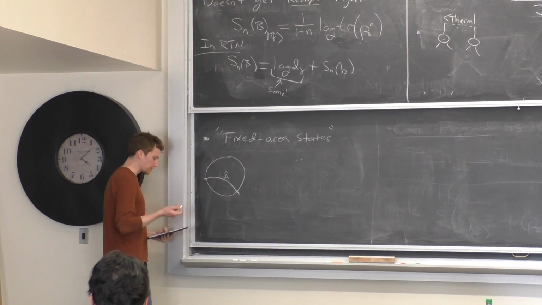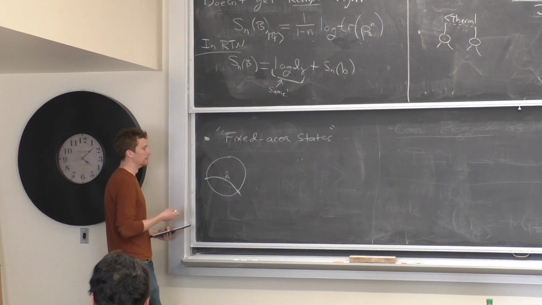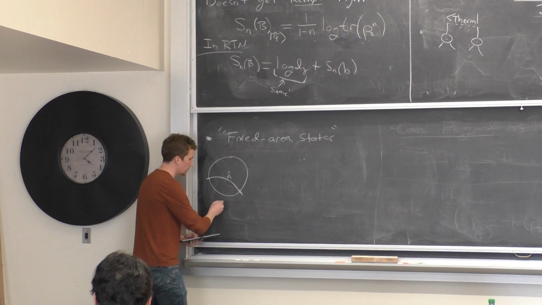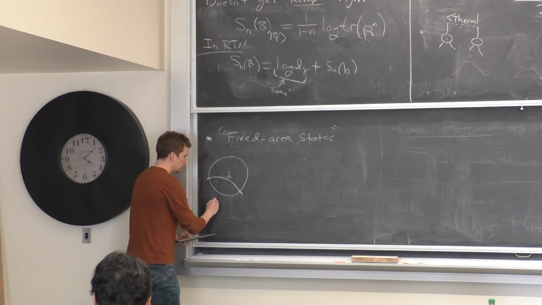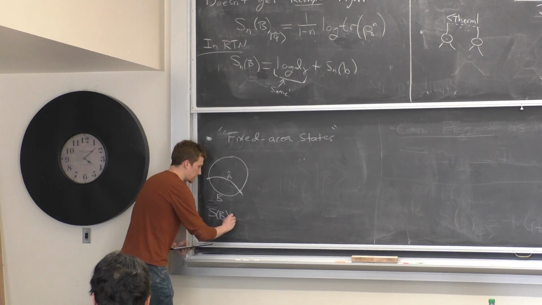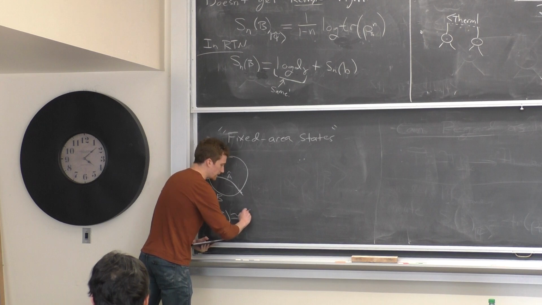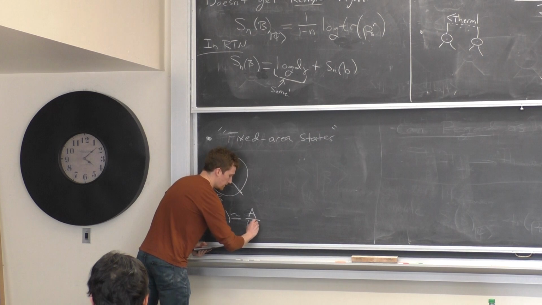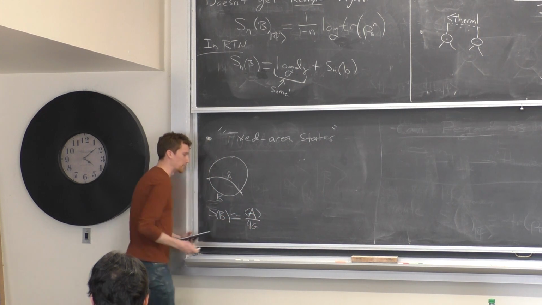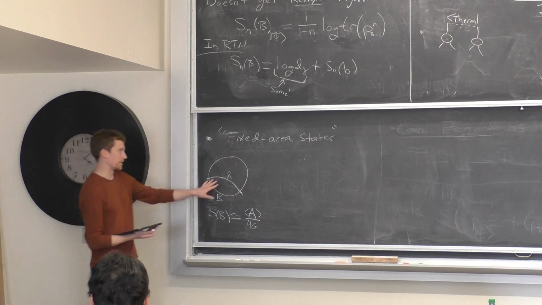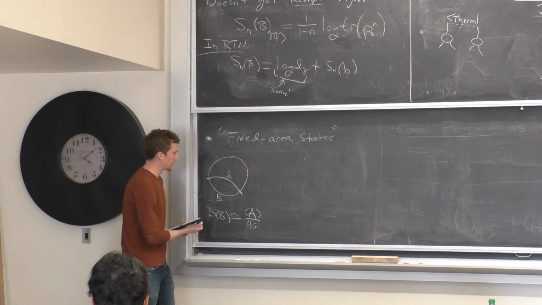In regular states, the QES formula, remember, was something like, if this is your boundary subregion B and you want to compute the entropy of B, to leading order it's given by, we usually say, A over 4G. This maybe should be understood to be the expectation value of this area operator that measures the area of the extremal surface.